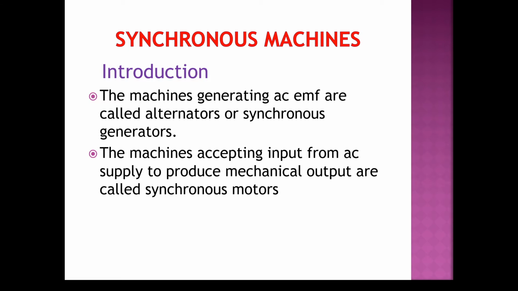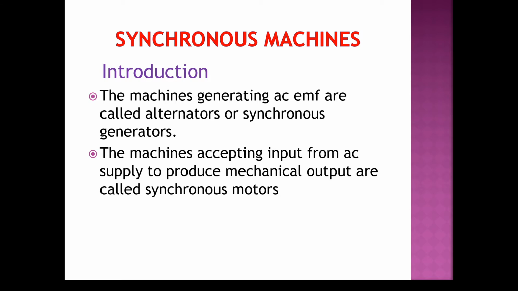The machines generating AC EMF are called alternators or synchronous generators, and the machines accepting input from AC supply to produce mechanical output are called synchronous motors. Okay, so an alternator or synchronous generator is a machine which will generate AC EMF. And what is a synchronous motor?